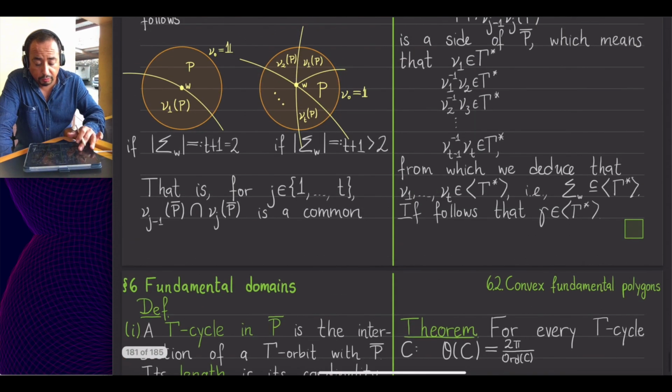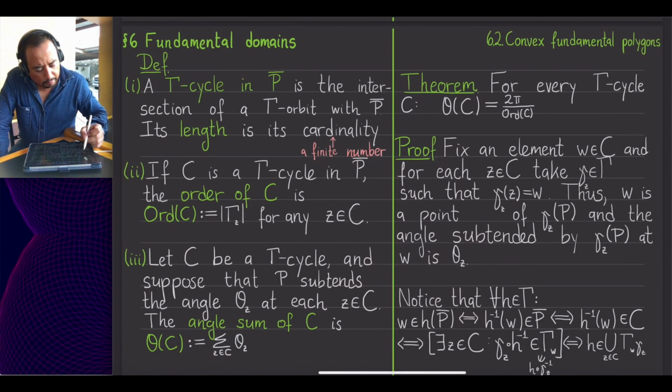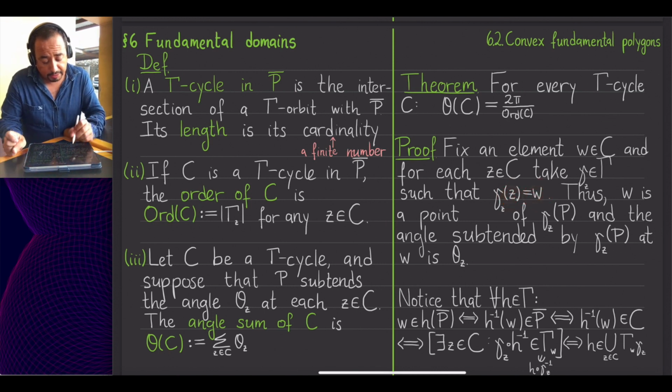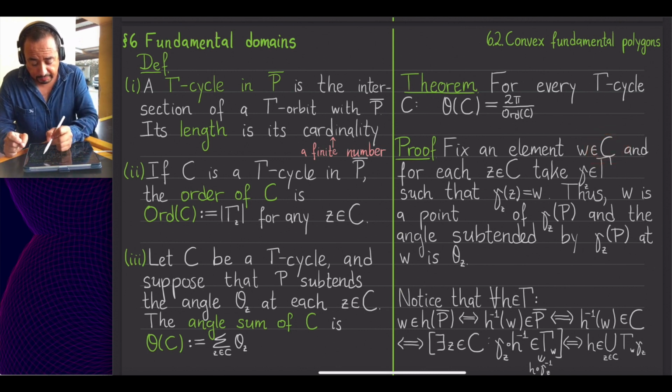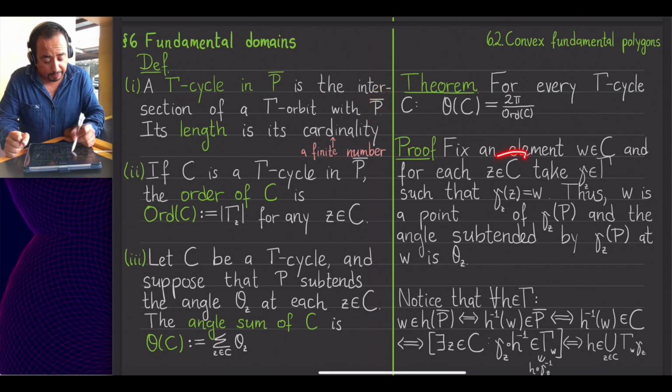For the proof, we are going to use this configuration again. So take an element Z of C, and for every other element W of C, take an element of gamma that moves Z to W. By definition of C, since C is the intersection of a gamma orbit with P bar, for every such W, such a gamma Z exists.